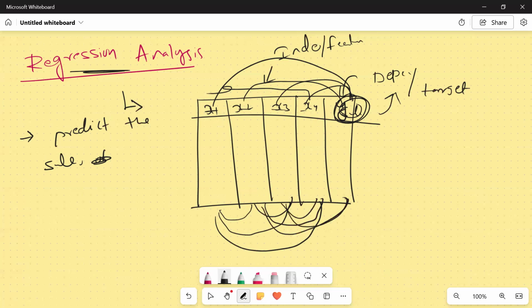Not only independent and dependent, whatever variables we have in the data set, it tries to find the relationship between each and everything. That is correlation. But regression only finds or understands the relationship between the independent variables and the dependent variable. Clear, right?